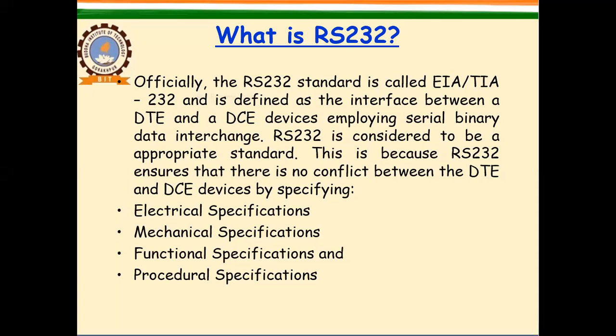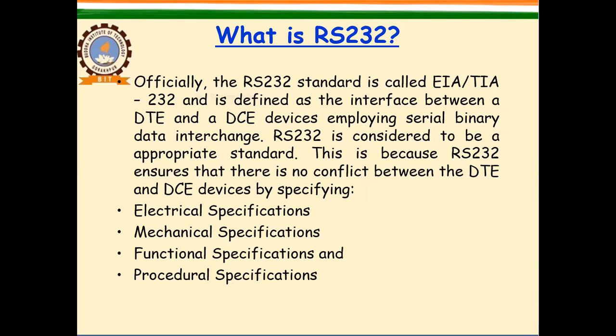The process of communication is rather very simple and similar, as it is also using the serial binary data interchange process. RS232 is considered a very appropriate standard which was used way back in the 1960s, and still it is very much functional.